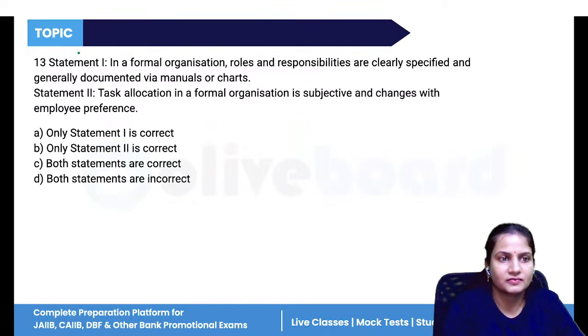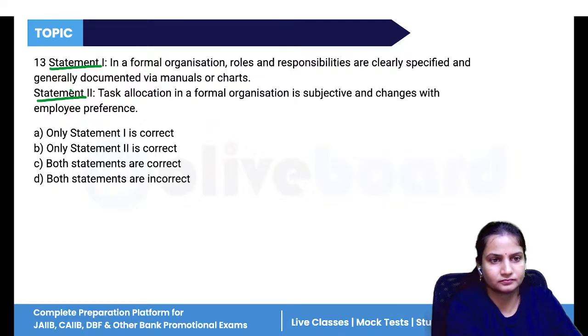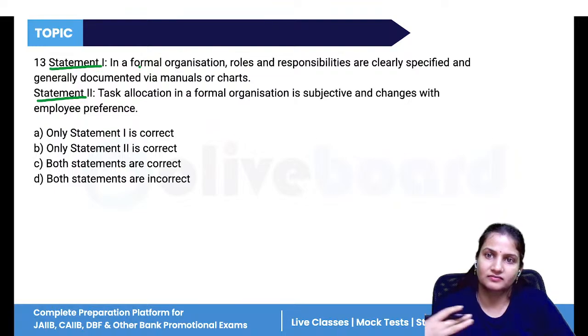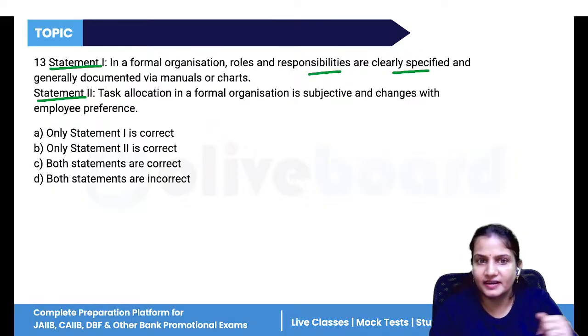Now, 13, statement 1 and statement 2. See, you can see how much formal and informal organization is important. Three, four questions are asked. In a formal organization, tell me, roles and responsibilities are clearly stated.